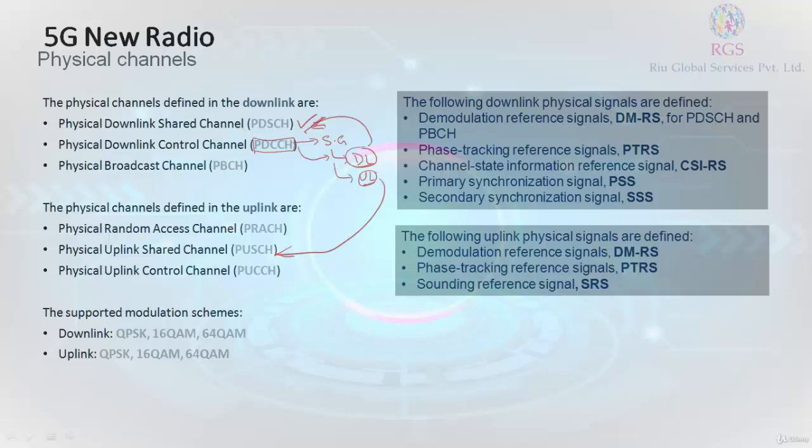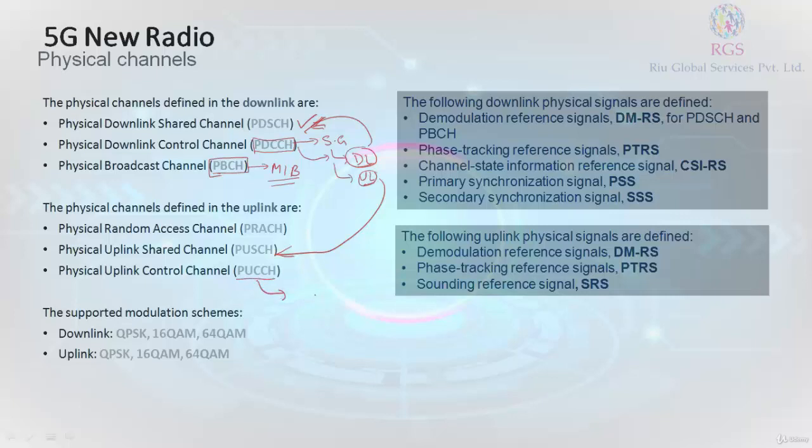Then next we have physical broadcast channel. As the name suggests, this is used for broadcasting the master information block, which is a very vital information required for the user to get synchronized and connected with the network. Then we have physical uplink control channel.